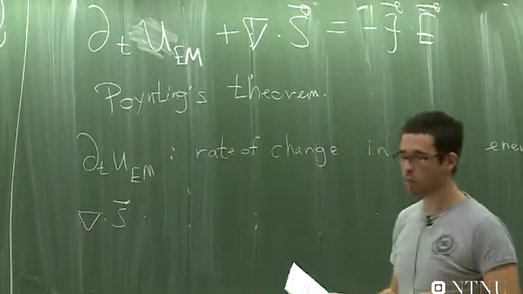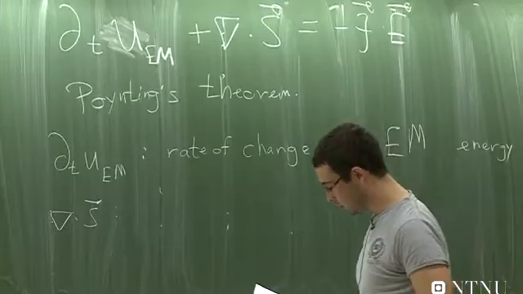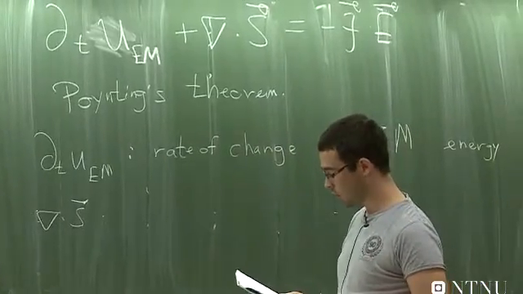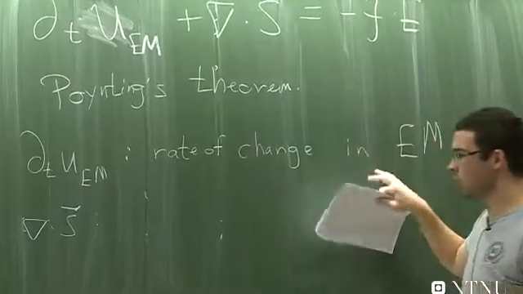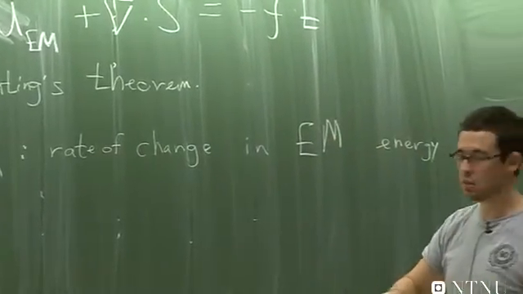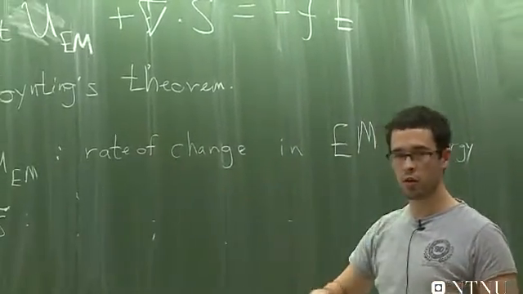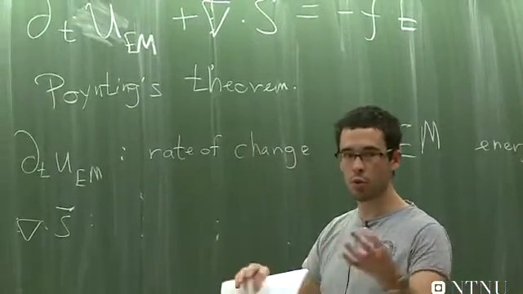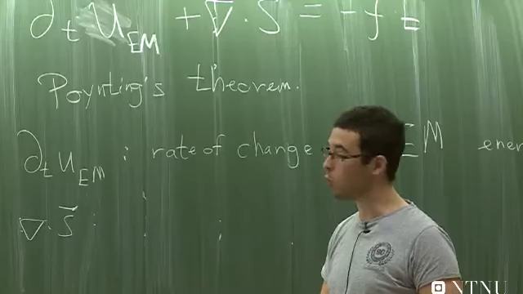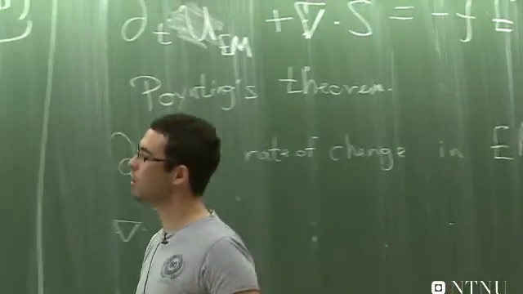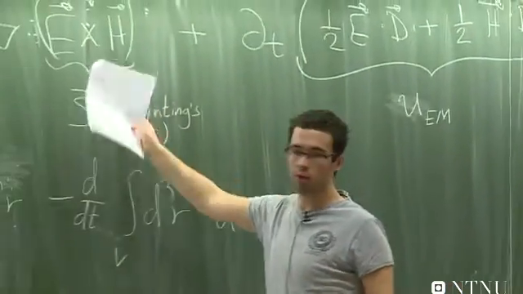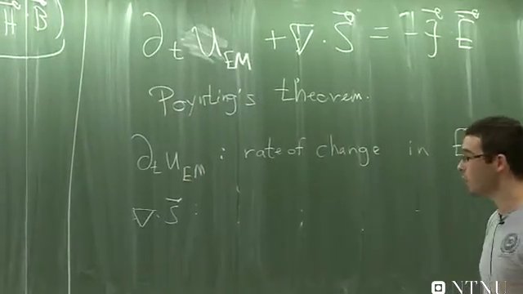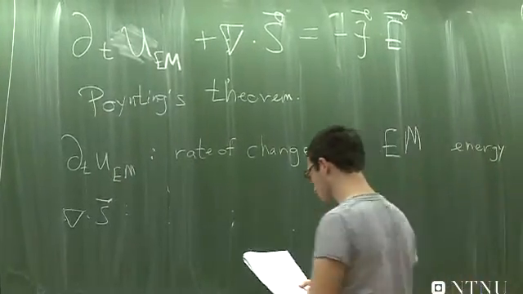I say gradient all the time, but this is the divergence. Sorry about that. This is the flow of energy out of, well, if you think of this integrated over a small volume, it's easier. Then this is the rate of change of the energy inside the volume, and this is the flow of energy out of the volume in electromagnetic form. You can see that because there are only the E and the H fields, only electromagnetic fields, in the Poynting vector.